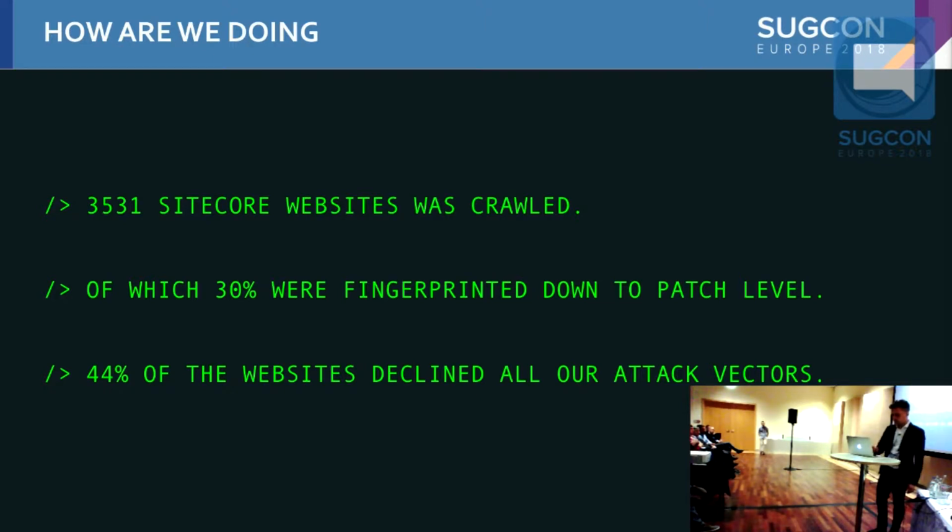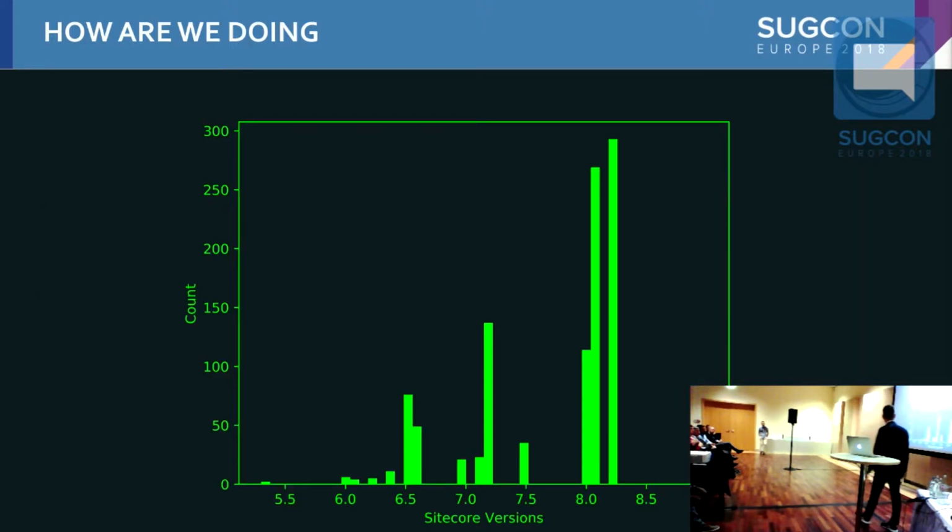So we talked about patch level. I did this distribution just for fun, basically. Let's see what sites are out there. We're mainly at 8.0, but some are running some severely old sites.